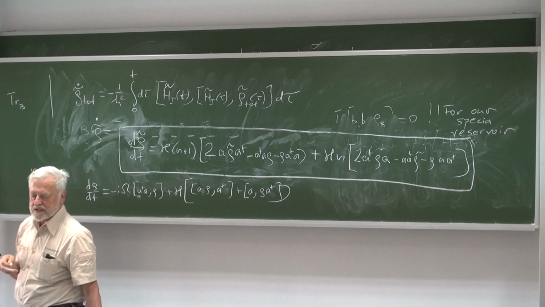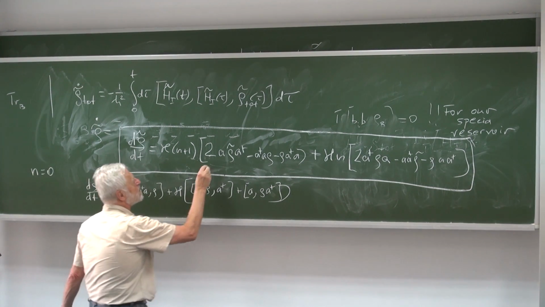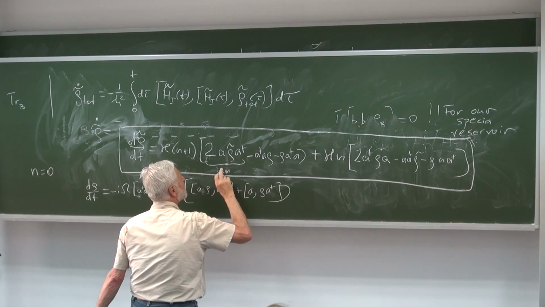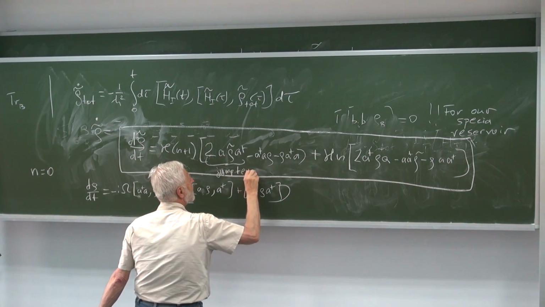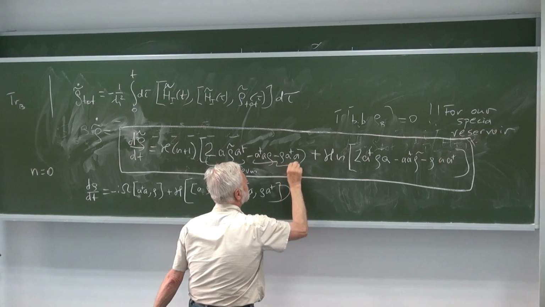There is a jargon which is now very common. This term, people call it a jump term. And these two terms people call, I don't know, Prague indicators.